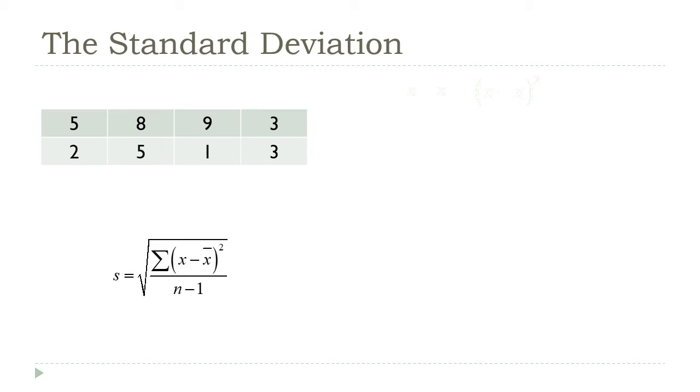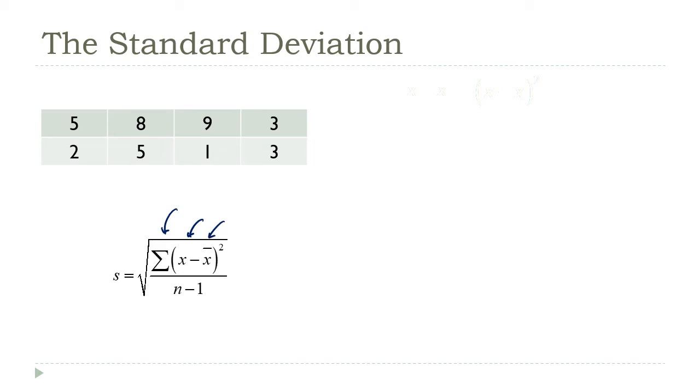We've got this sigma symbol again. You remember that means to add things up, right? And in the parentheses, we've got an x. Those values come from our data, and we're subtracting this x bar symbol from it.